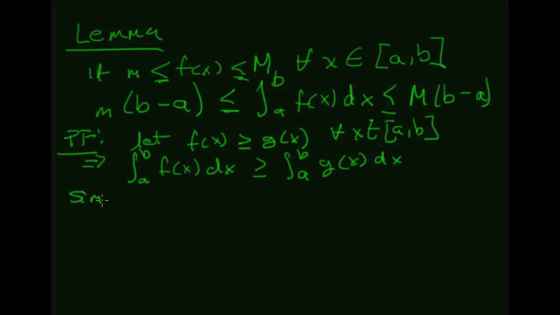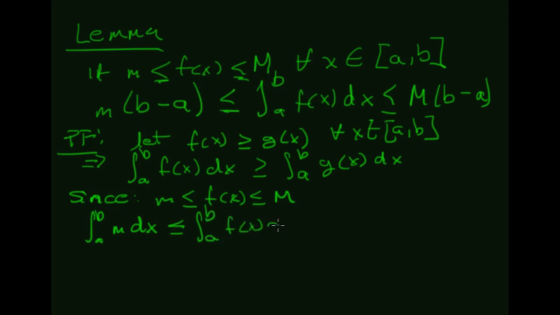Since by assumption in our lemma, little m is less than f of x and big M is greater than f of x, the following should hold. The integral from a to b of little m dx should be less than or equal to the integral from a to b of f of x dx, which should be less than or equal to the integral from a to b of big M dx.